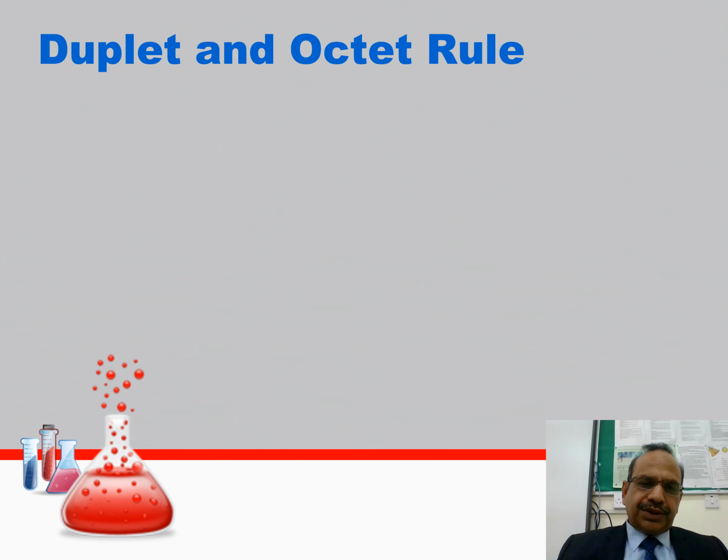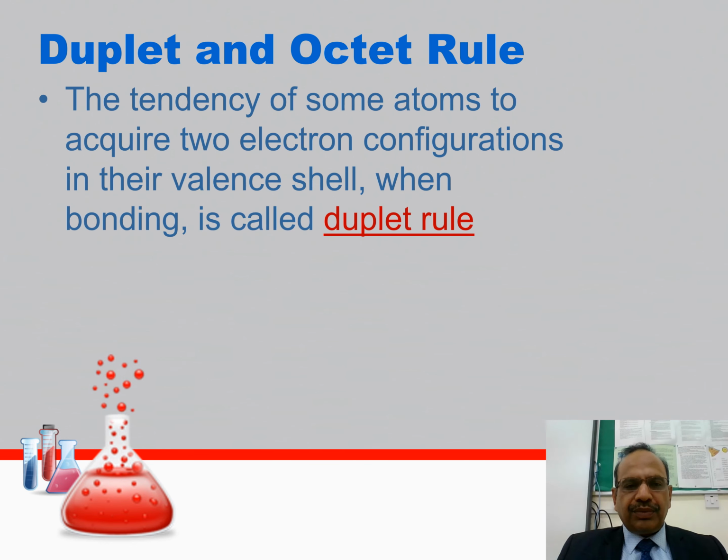Yes, students, here I want to explain the duplet rule and the octet rule. As I told you, atoms try to get the electronic configurations of the noble gases. If any atom acquires two electrons to get the electronic configuration of the nearest noble gas, then it is called the duplet rule.